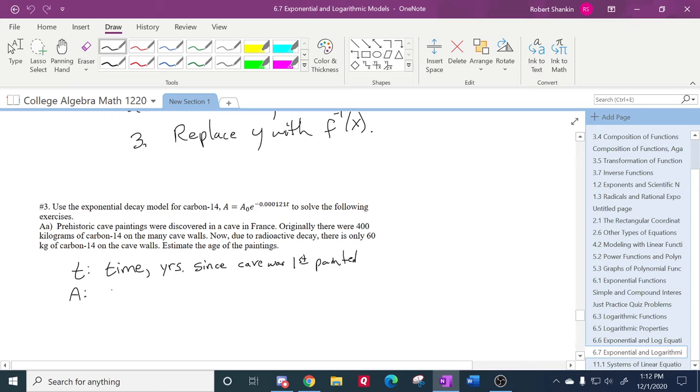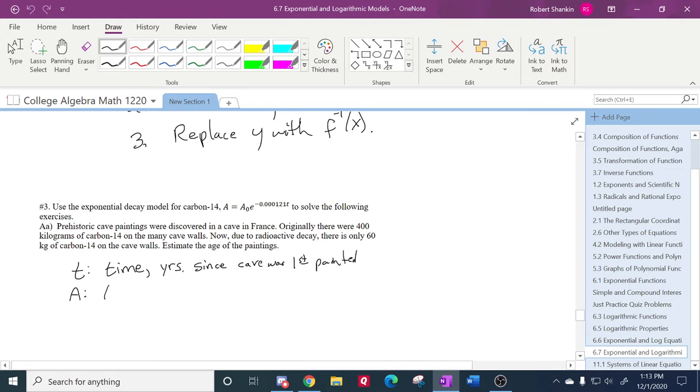Is it like decay? So yes, something is decaying. What is decaying? On the right track. The carbon-14? That's right. So T typically stands for time.